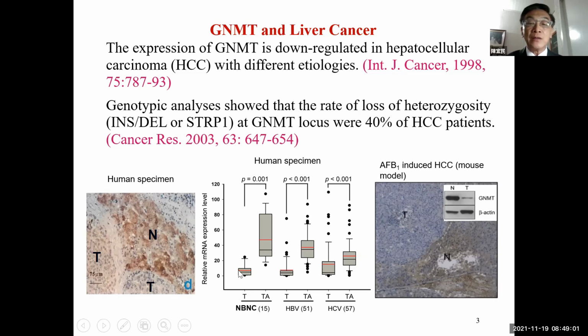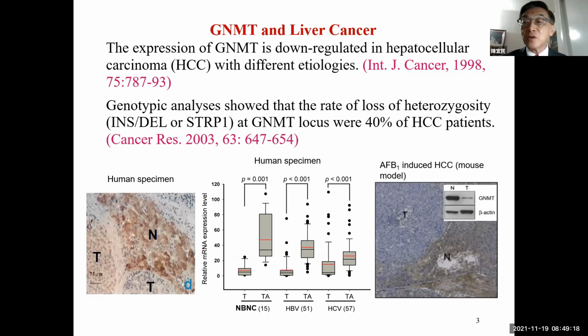But in these three groups, you can see that GNMT expression level was significantly downregulated in the tumor tissue compared to its tumor-adjacent tissue.